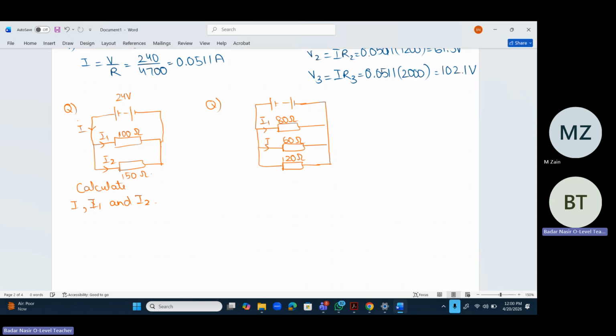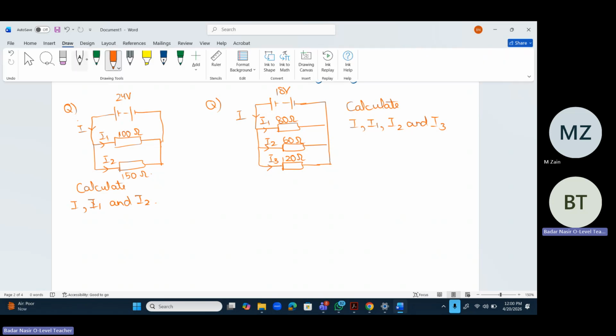The second question has I1, I2, and I3 with 18 volts. So you have to calculate I1, I2, and I3. Okay, so these are the two questions.